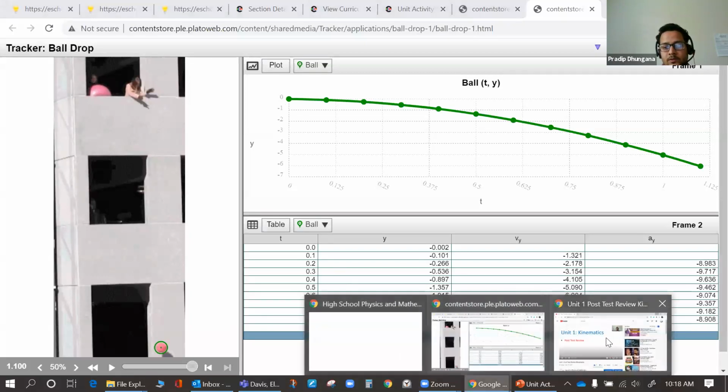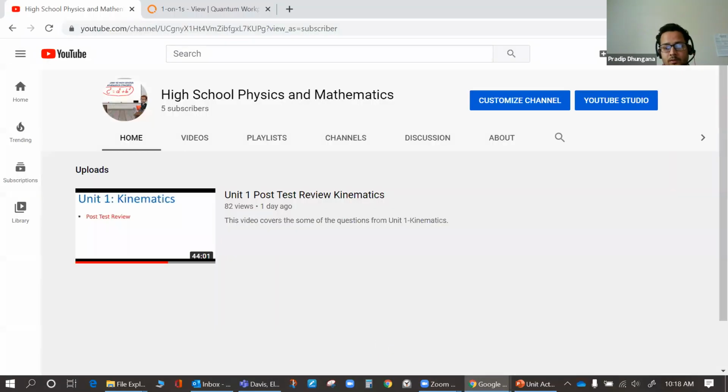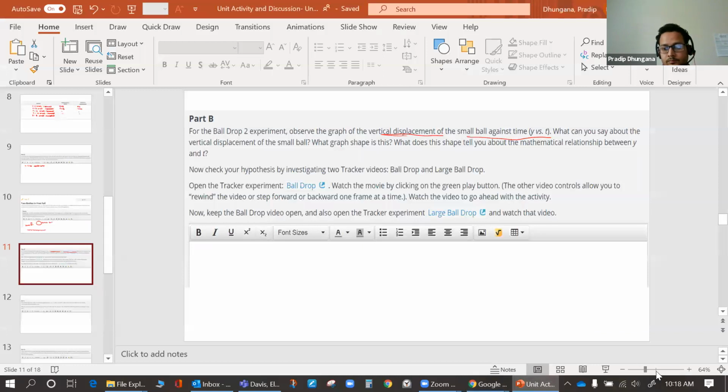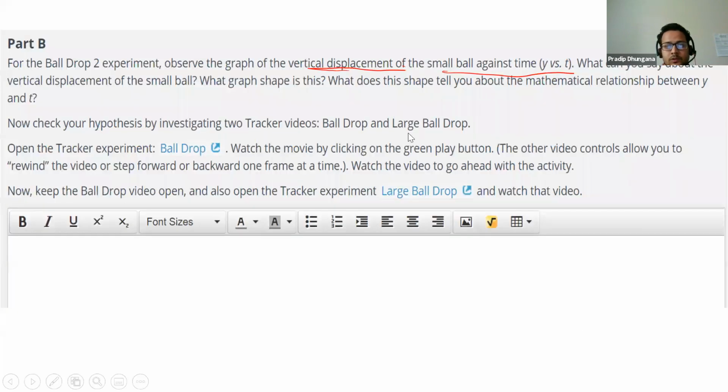Okay, now let's go back to the first question. So we observed the graph. And then what can you say about the vertical displacement of the small ball? So over time, vertical displacement is decreasing parabolically, okay? And the shape of the graph is parabolic.